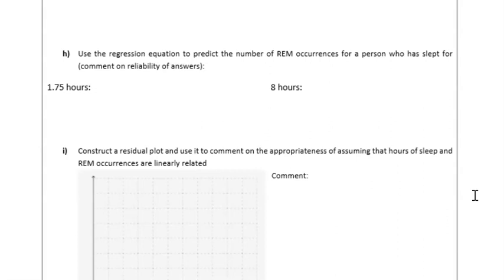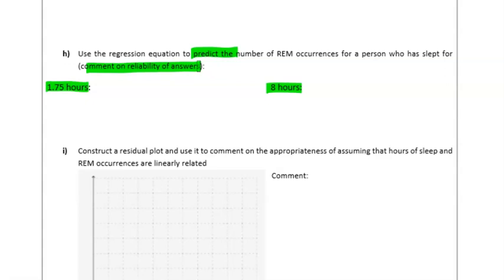Then looking at part H, we're asked to do some predictions. So using the equation, when someone has slept 1.75 hours or 8 hours, and comment on the reliability. So here we're talking about our extrapolation outside of the given data range, or interpolation inside the given data range.